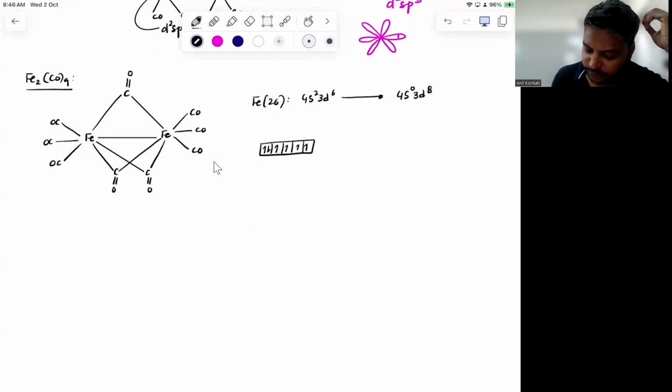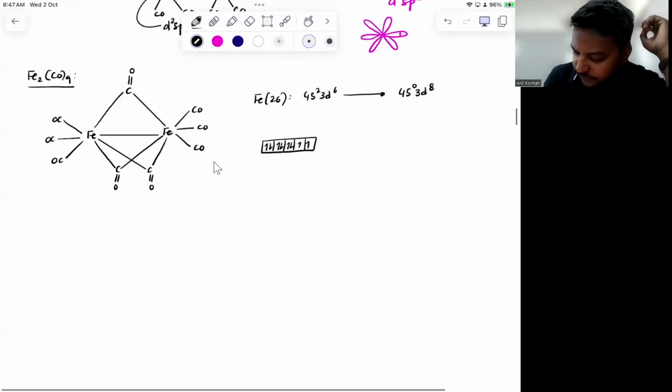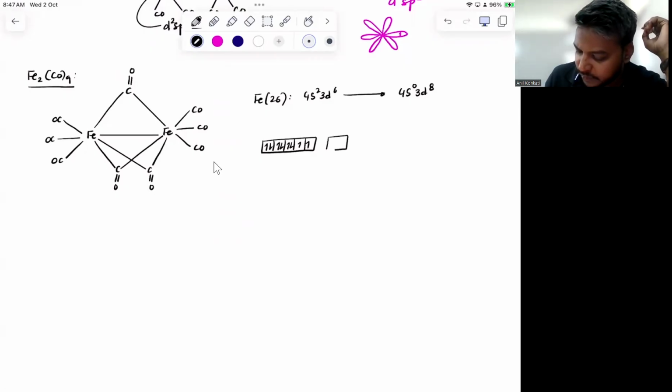So 1, 2, 3, 4, 5. So 8. Let me put this 8th one here, 7, 8. Okay. Let me mix all of them first. This is what we have. And then we have 1 4s. Then we have 4p.